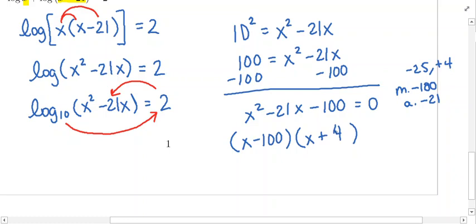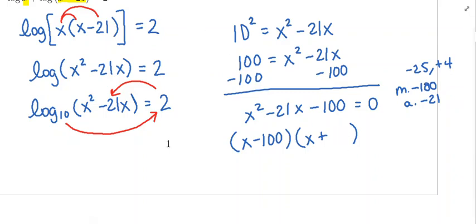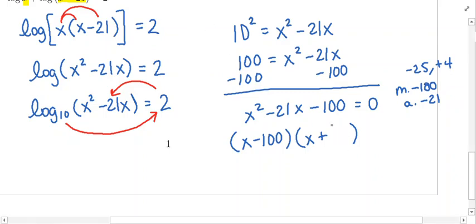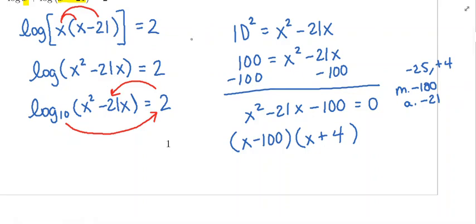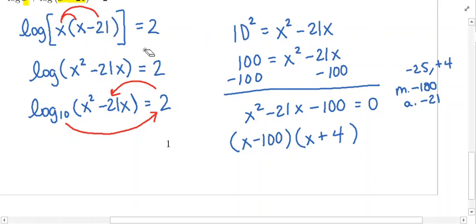You can actually multiply this out and do a check that this is going to work out. And when I check myself, it doesn't work out because I wrote the wrong numbers down. Again, negative 25 and the 4 are the numbers we're looking for, so it should be x minus 25 and x plus 4.